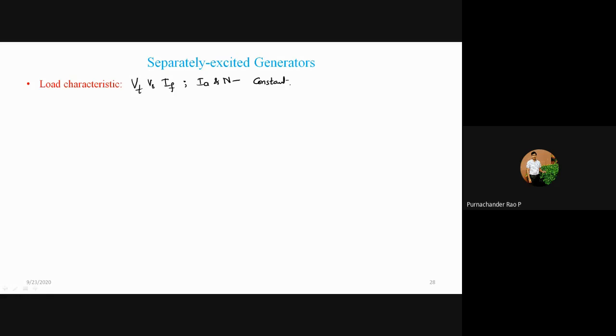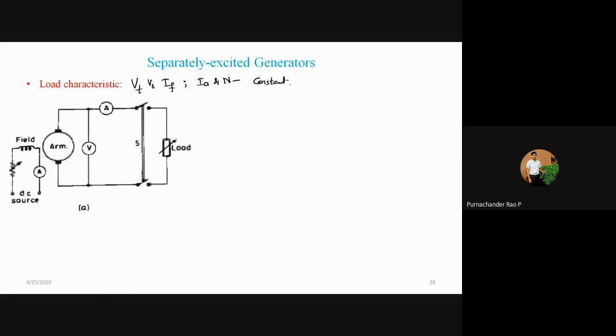Now, how can we obtain this load characteristics? Again, this is a circuit. I'm not going for the experimental circuit diagram now. The load characteristics means we need to have a certain amount of load, and therefore the switch is closed.